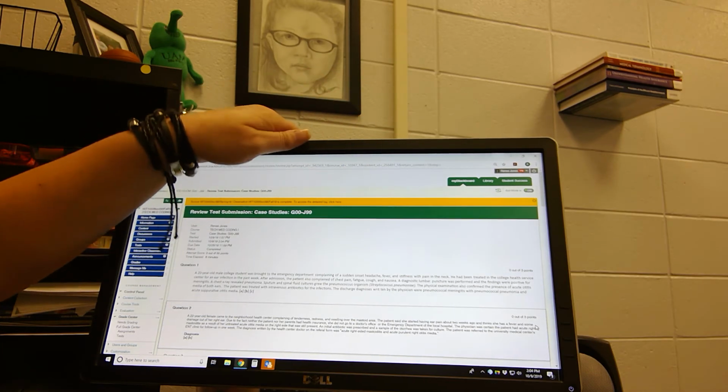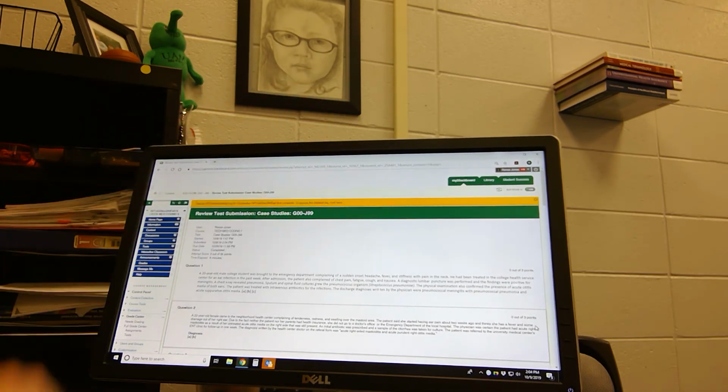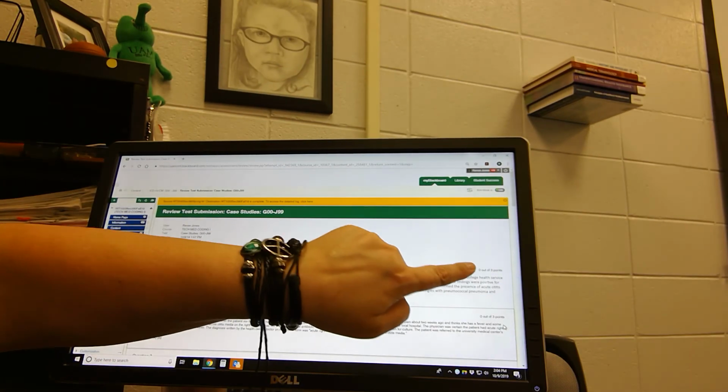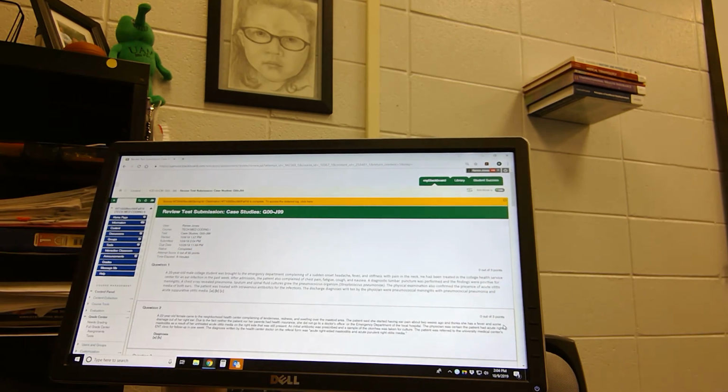And over here on this side, it will tell me how many points I got right. 0 out of 3. If I'd gotten 2 out of 3, then I know that I'd gotten 2 out of the 3 codes right. So at that point, while it won't tell you which codes were wrong, you can reevaluate what you put down there and what might not be right.